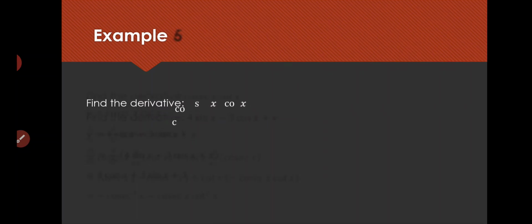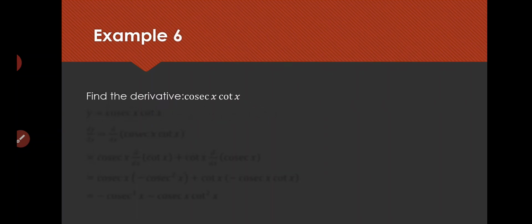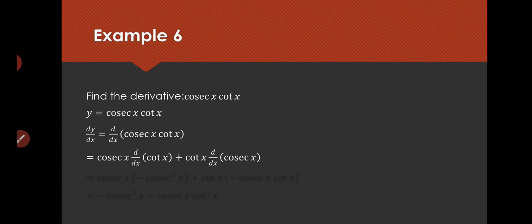Next, number 6, find the derivative of cosec x into cot x. So again, the same thing, we start off with cosec x cot x, we do the derivative. Now this is in product form, so again we apply the product rule of derivative. So derivative of cot x is minus cosec square x, and derivative of cosec x is minus cosec x cot x.